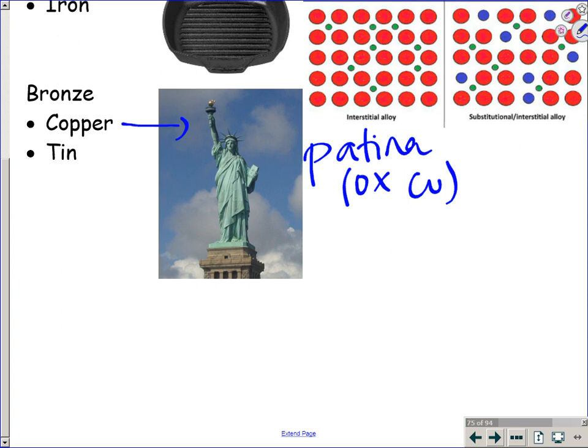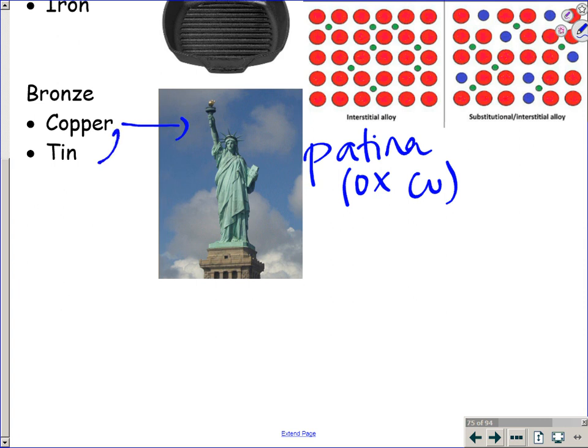So, in this case, what color is copper normally? It's copper colored, right? So it's browny, kind of shiny orange. Green is not really what we're looking for when we say copper. So what they were hoping to do when they made this alloy, they blended it with tin. Tin also has a kind of shiny, orangish, tannish color to it.